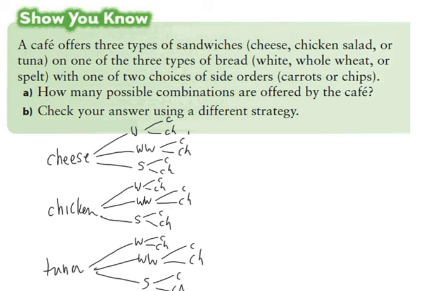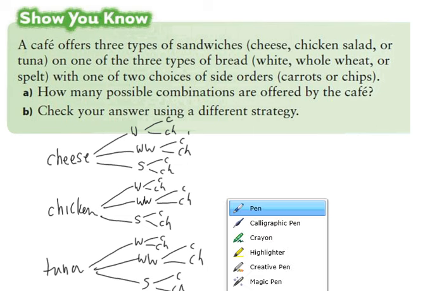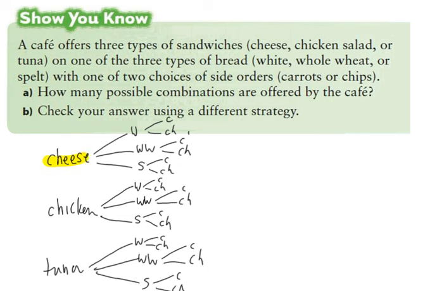When your tree diagram is done, we can see that if I take my highlighter here, this particular one that I'm highlighting, cheese on whole wheat with chips, is one combination if you follow that branch all the way down. So I can say there's 1, 2, 3, 4, 5, 6, 7, 8, 9, 10, 11, 12, 13, 14, 15, 16, 17, 18 possible combinations of sandwiches, breads, and side accoutrements.